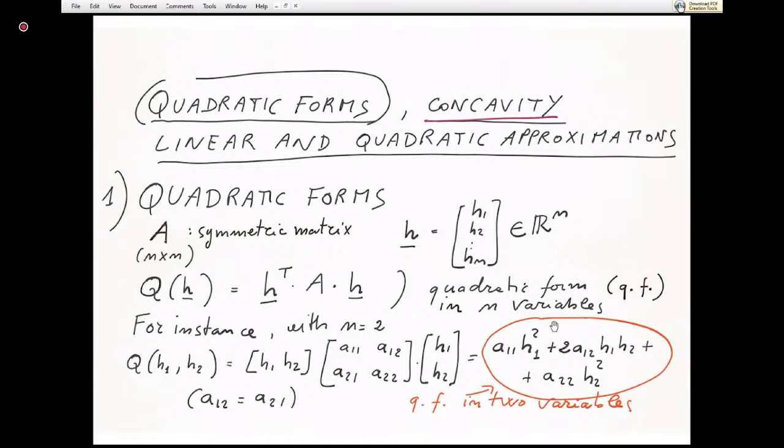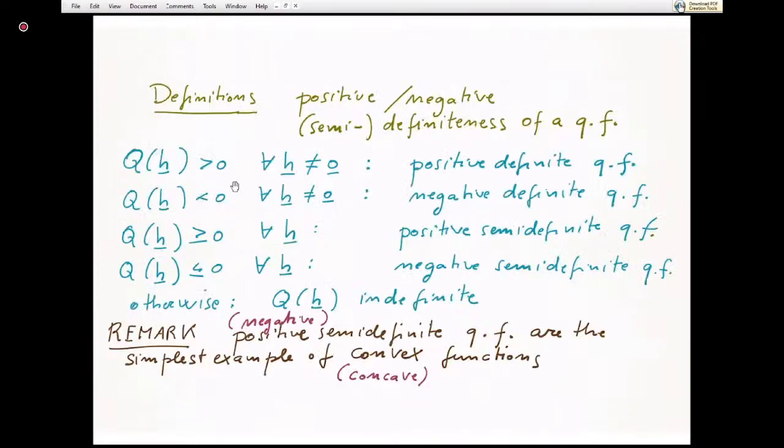Or in other cases, it is always negative, or always non-negative or non-positive. But there are some cases in which the sign of this quantity depends on the values that you select for h1 and h2. But if this function of two variables preserves the same sign, independent of your choice of h1 and h2, we are in one of these four cases.